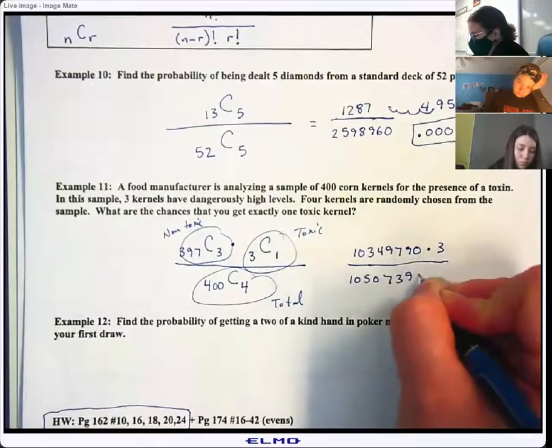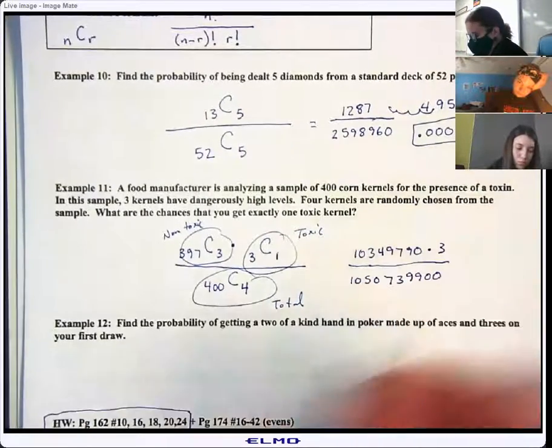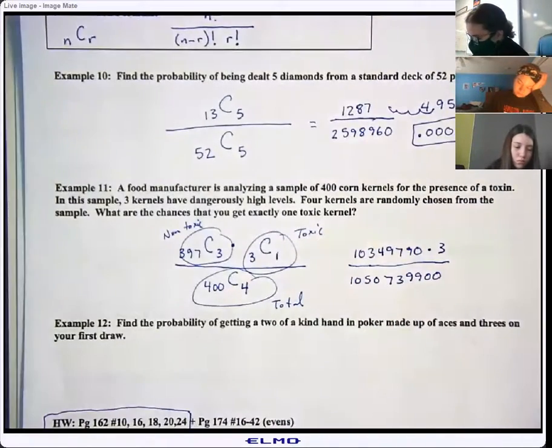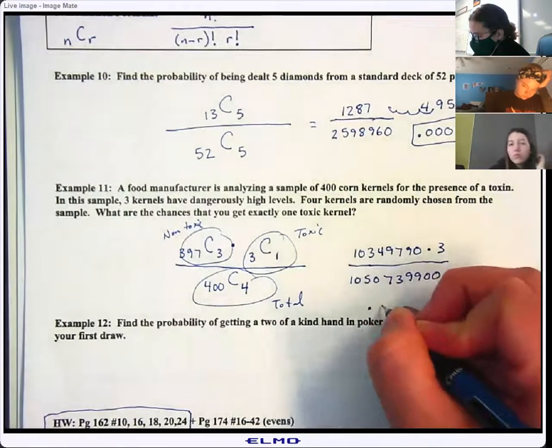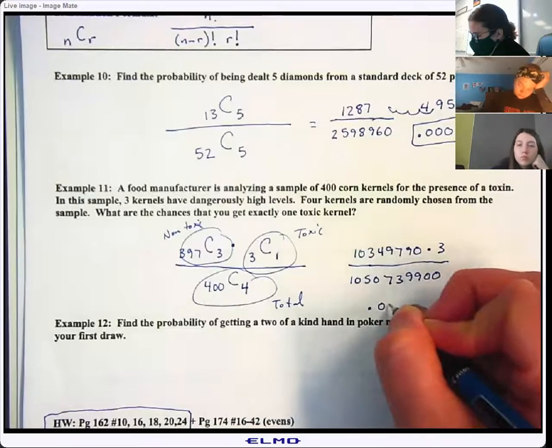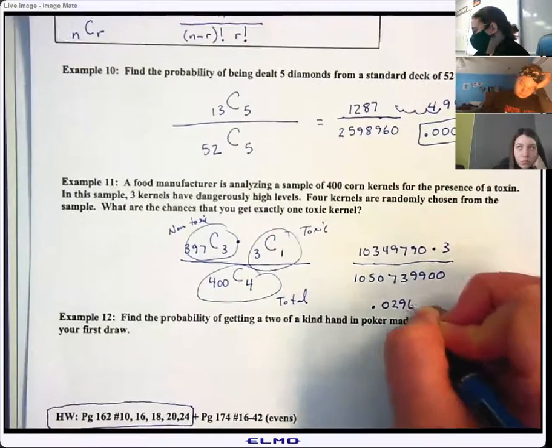By the way, if you get much larger than this, your calculator just can't do it anymore, and it'll often just say error. I got 0.0296. You guys get the same thing?